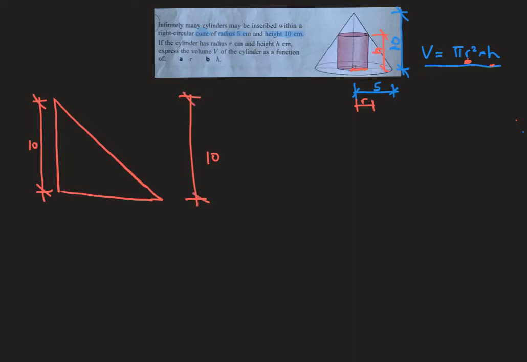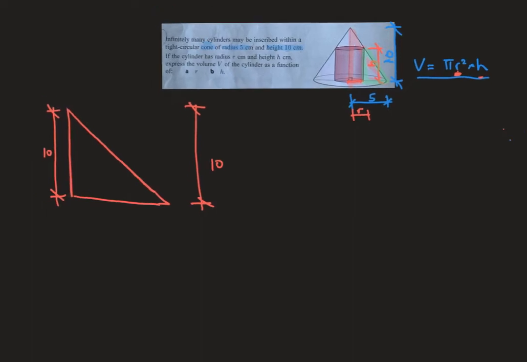So this line, and this line, and this line, that's the big triangle. Now I'm going to label another triangle here, and you can see that one is inside the bigger triangle.